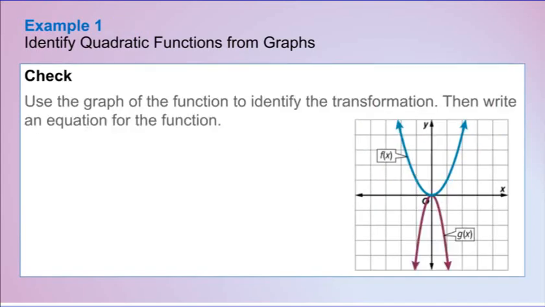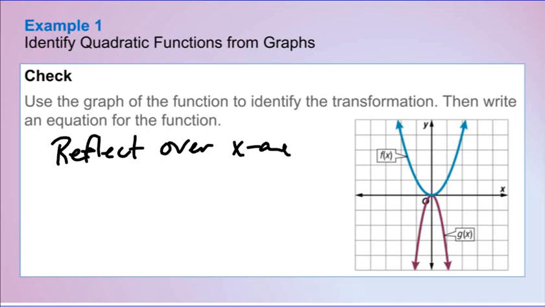Another one, use the graph of the function to identify the transformation here. So this one, there's a reflection going on, and it's reflecting over the x-axis. It did not shift, but there is a dilation happening.